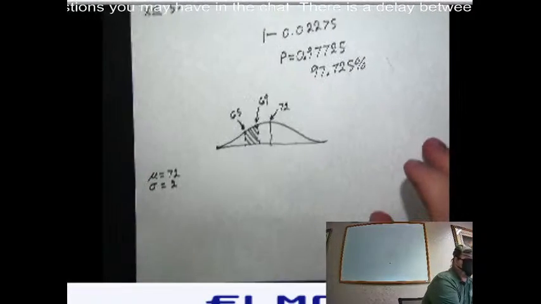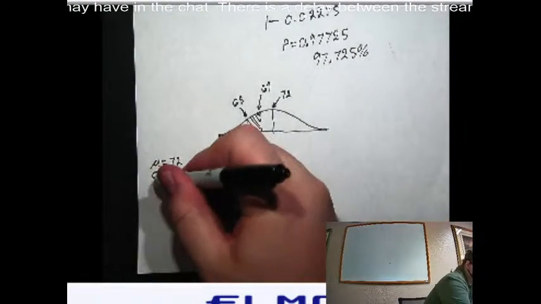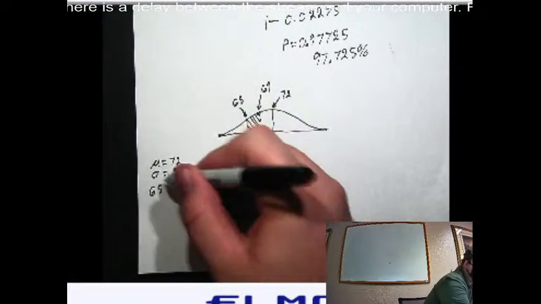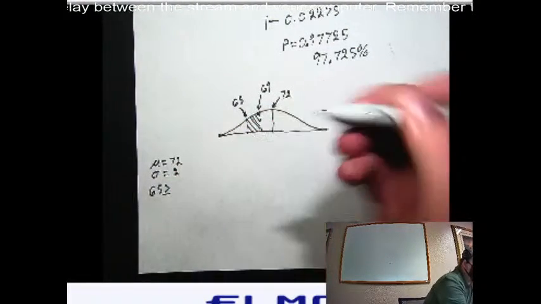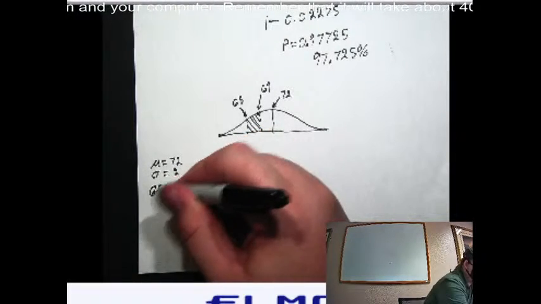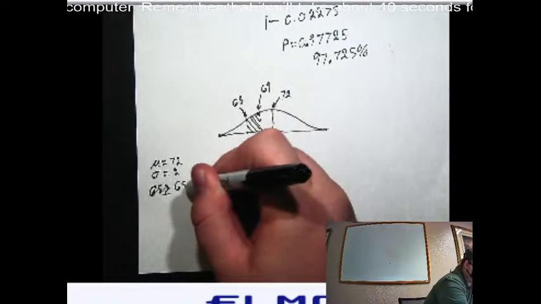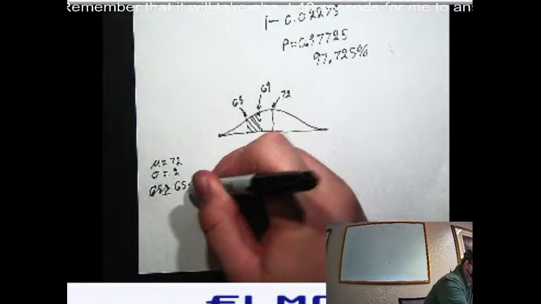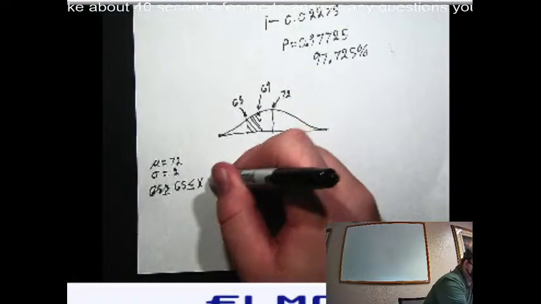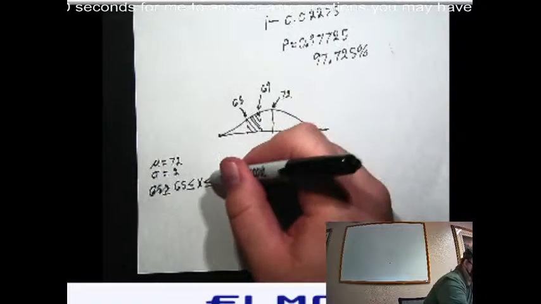So what we have here for our x is 65 is less than or equal to x, and x is less than or equal to 69.